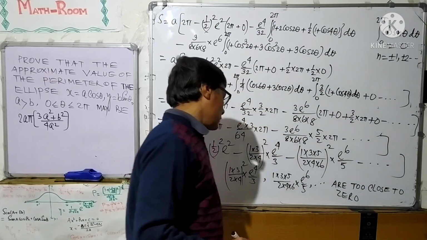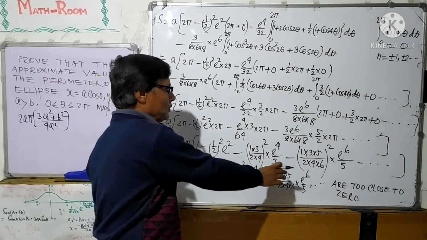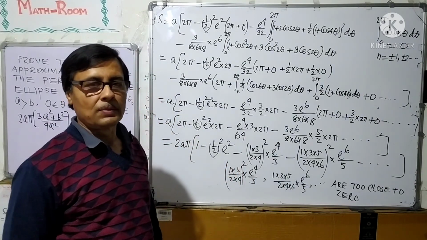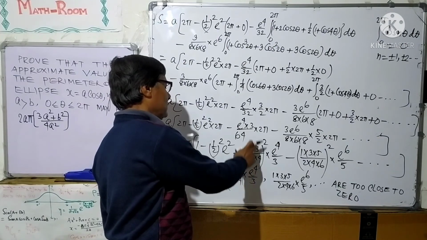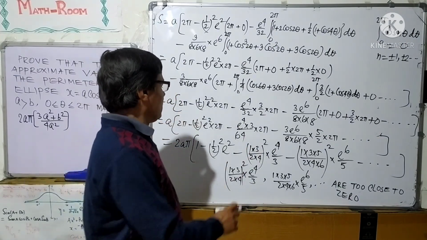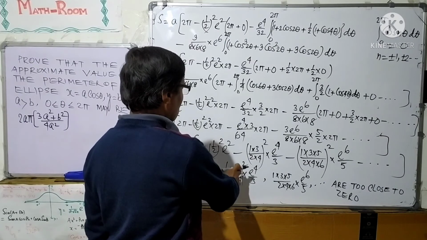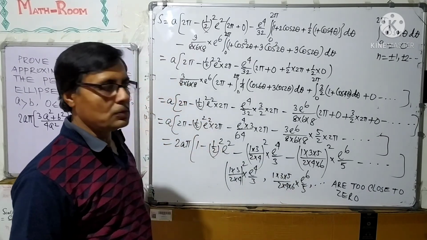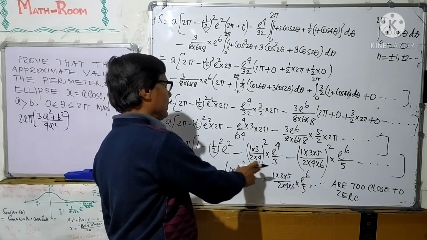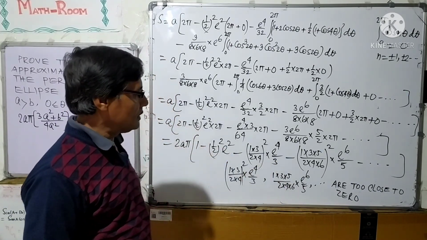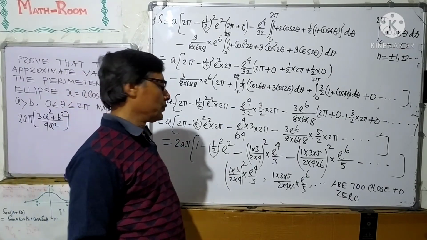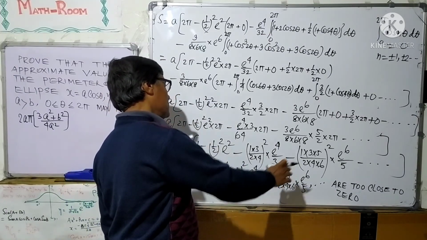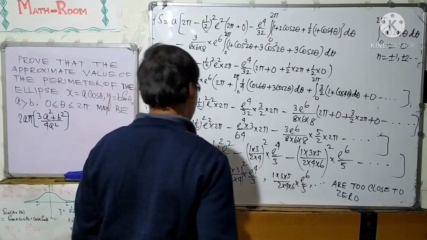These are very small quantities, because e is the eccentricity of the ellipse, whose value is less than 1. So its higher powers are also less than 1, and these values are too small, too close to 0. So they can be neglected, they are negligible.